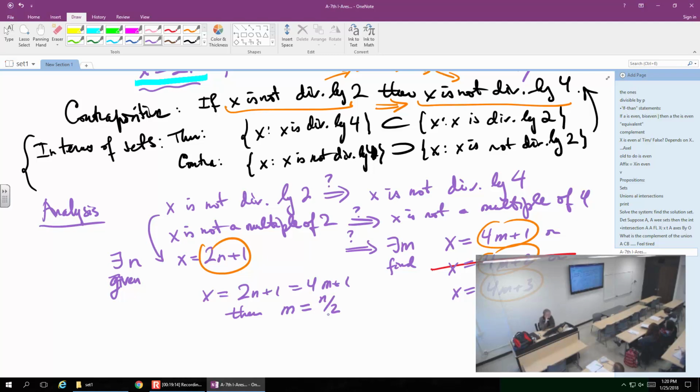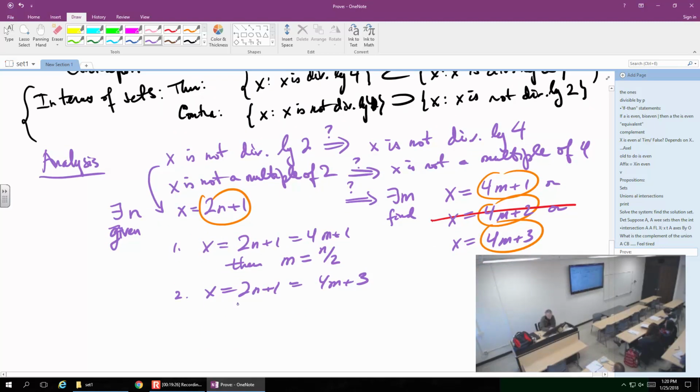Okay, so fortunately we have 2 possibilities on the right. The second possibility is x equal to 2n plus 1 is equal to 4m plus 3. Okay, so once again solve it and find m. What is m? It's really not worth doing it the hard way.